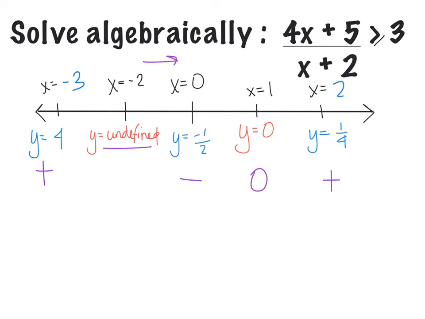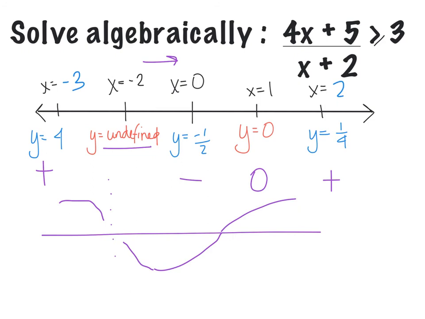So it's going to be positive over the x-axis, hit some kind of undefined value, then become negative over here, loop back up to 0, and then become positive as it keeps going. Now keep in mind that graph probably is not accurate, and that's okay, because I'm only solving this algebraically.